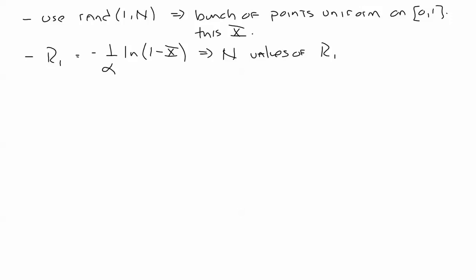And then my output voltage is Vi times R2 over R1 plus R2. I'm going to get N values for my output voltage. And then I'm going to do histogram analysis using the techniques I taught you in the previous lecture. All right?